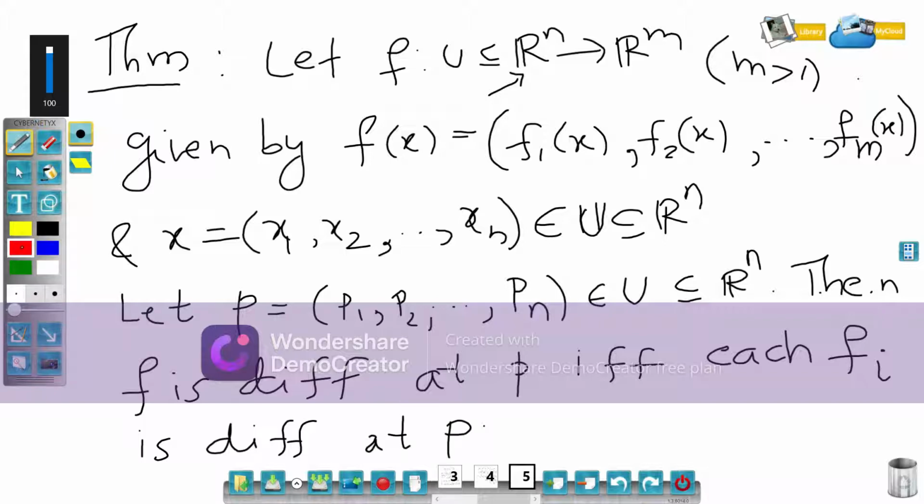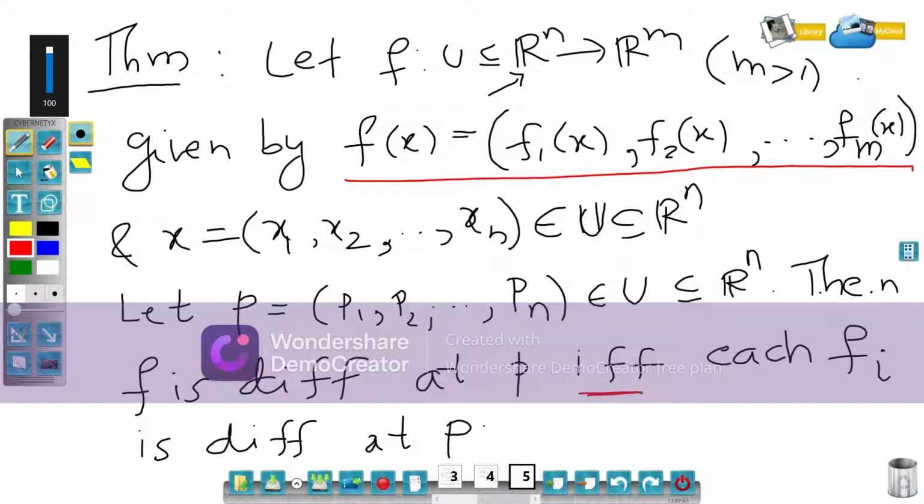So this entire f is differentiable if and only if each component, that is f1, f2, up to fm, so each fi should be differentiable at p. So the statement is if and only if. The converse part: if each fi is differentiable, then we can say that the m-tuple function f1, f2, fm is also differentiable.